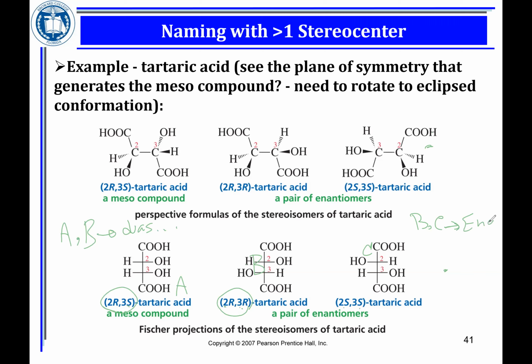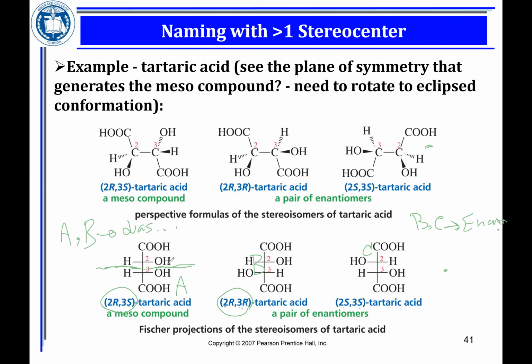So we have a pair of enantiomers, and then what is the other name for this compound? How would you classify this compound? Meso. A compound is meso because you have an internal mirror image or plane of symmetry.